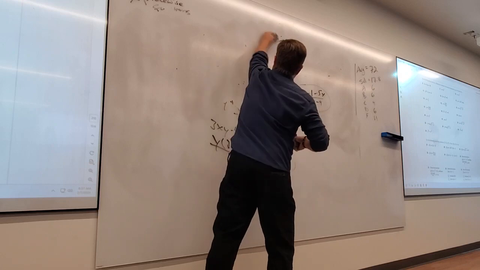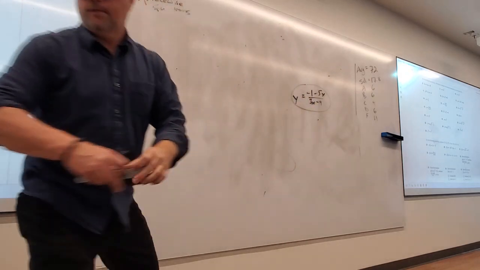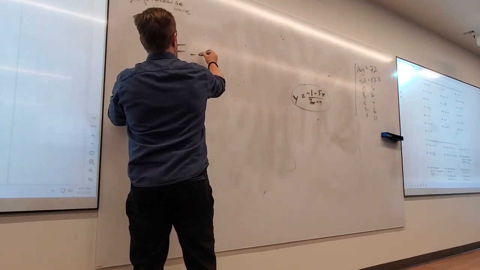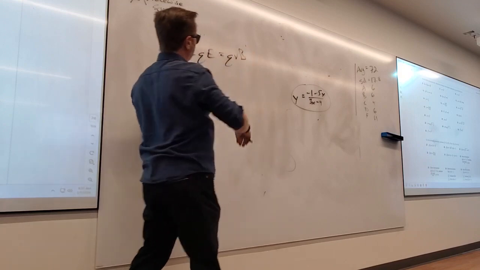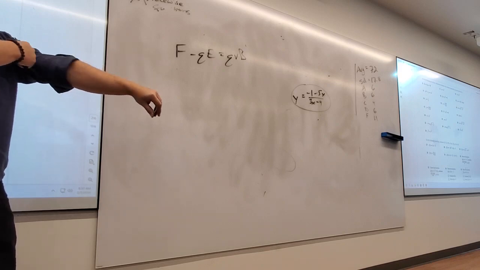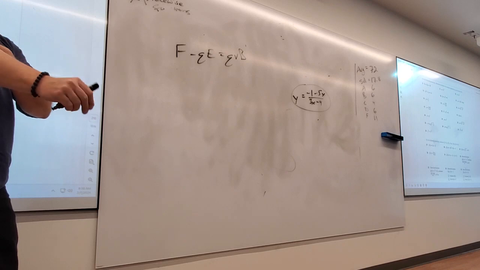But if I wanted to solve this for, let's see, I'll give you a real equation. Let's say I want to solve that for q. Where's all my q stuff?